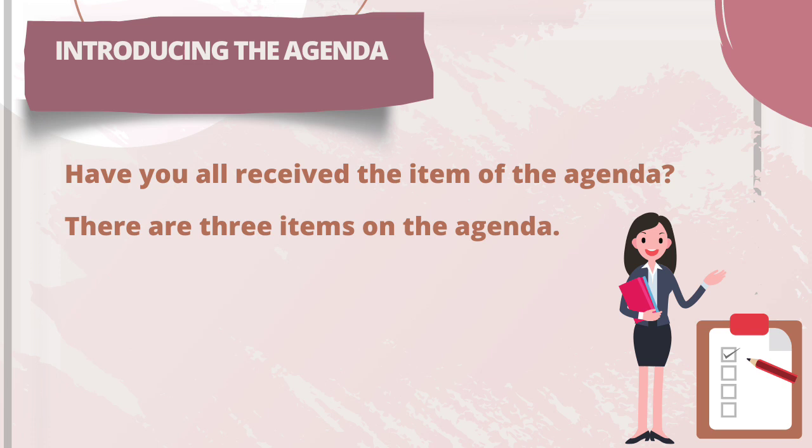Next is introducing the agenda. The agenda in a business meeting means the list of activities in a meeting. Usually, it has the specific items to be discussed. Sometimes, it also contains the schedule.